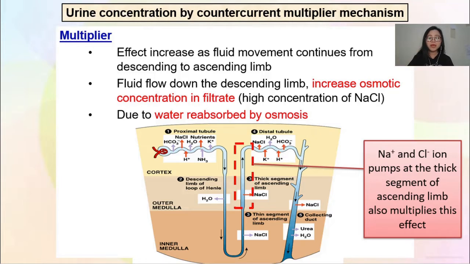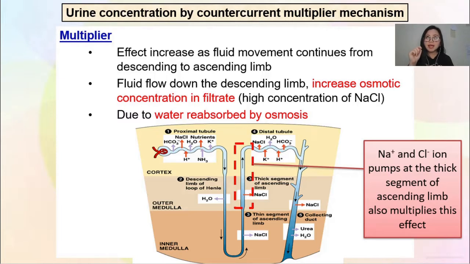Okay, most lecture notes will not focus on this, but sometimes you find videos that use this point. So, kadang-kadang buku lain dia akan cakap multiplier itu disebabkan oleh adanya sodium pump dan chloride pump in this segment of the ascending limb. Sebab dia yang pump itu NaCl, dia yang menggandakan efek. So, some videos and some books will talk about this point.